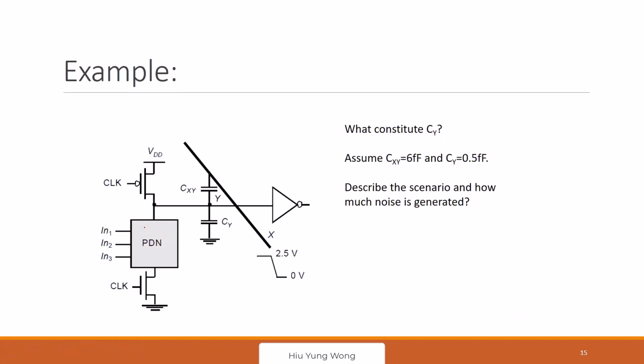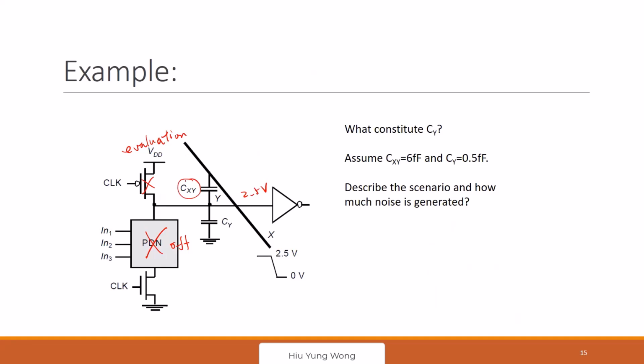At this stage, maybe this is off. And this is during the evaluation. We want to keep this, for example, at, let's say, 2.5 volt. It was at 2.5 volt. And now you have a line running across it. It has a coupling capacitance Cxy, right?